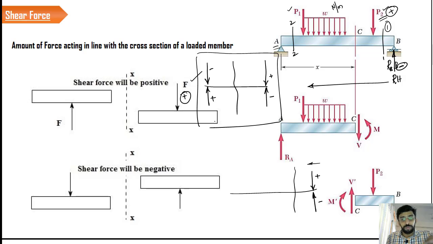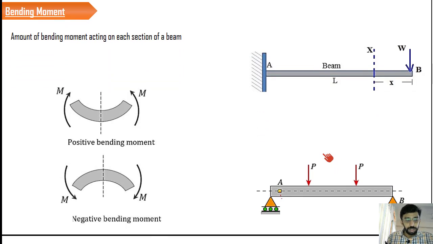Now we'll go forward to look into the sign convention used for the bending moments. See, for the bending moment, the same section we have to consider. So if you look here, we have a section XX here, and we have a load W acting at a length L from the fixed support.